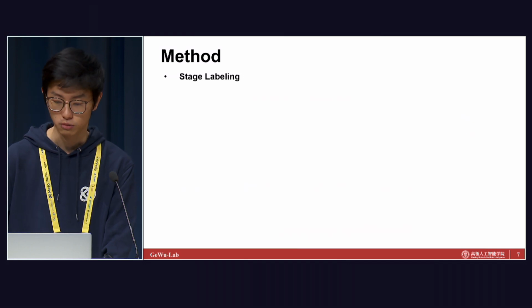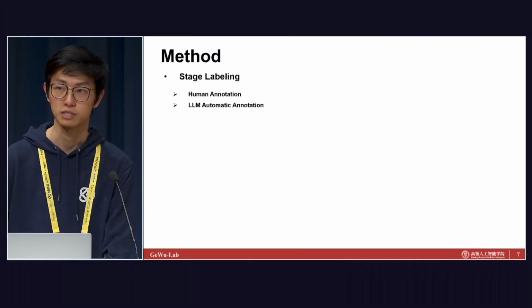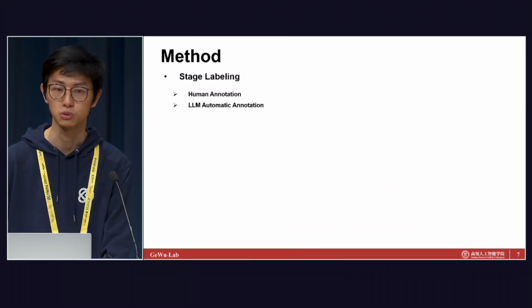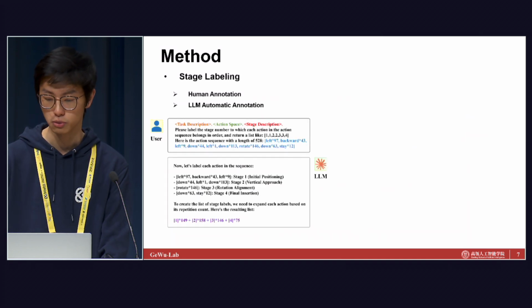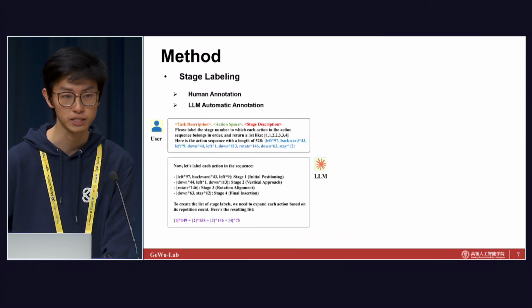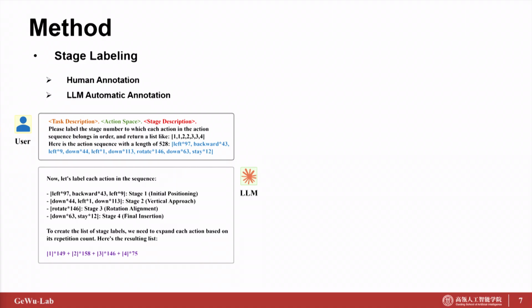To achieve this, we first label the stages for all the training samples. This process can be done both manually or automatically using large language models. We found that as long as a suitable prompt for task description is provided, the large language models can effectively label the task stages for each training sample in the trajectories.